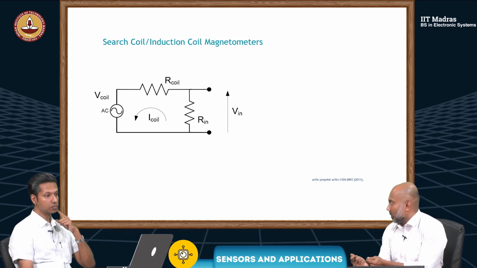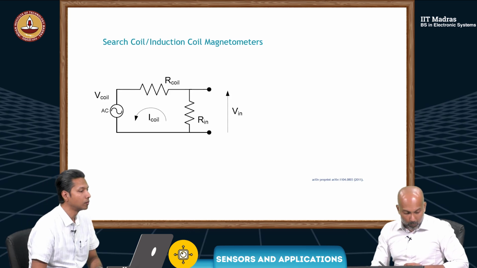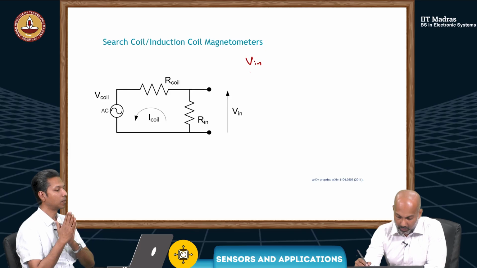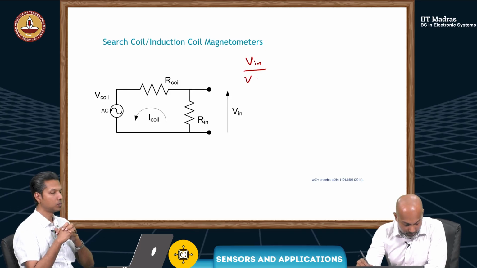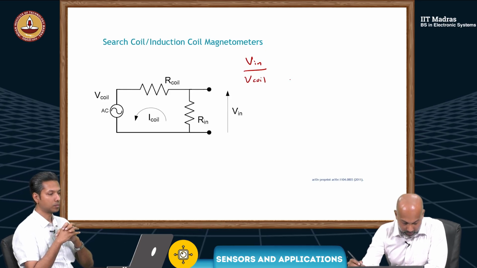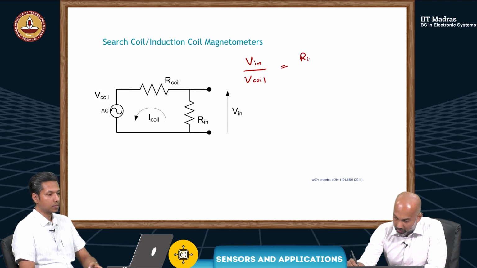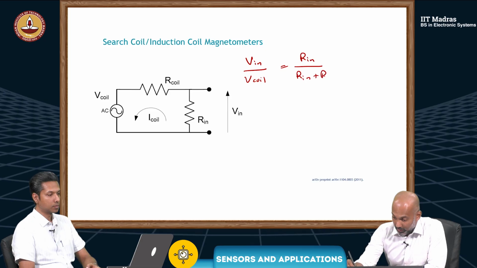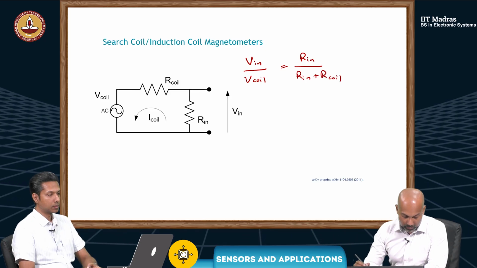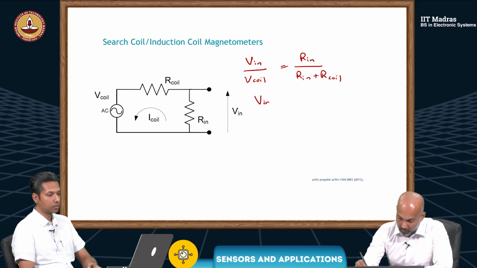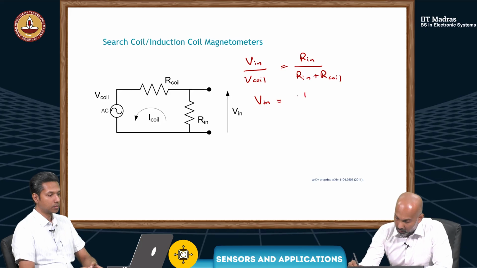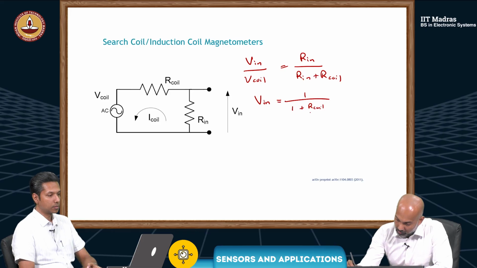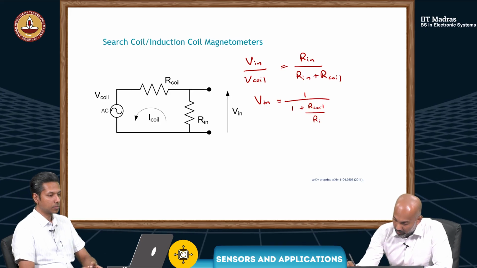If you have V in, the ratio of V in to V coil is something like a voltage divider, right? So V in is equal to 1 over 1 plus R coil divided by R in.